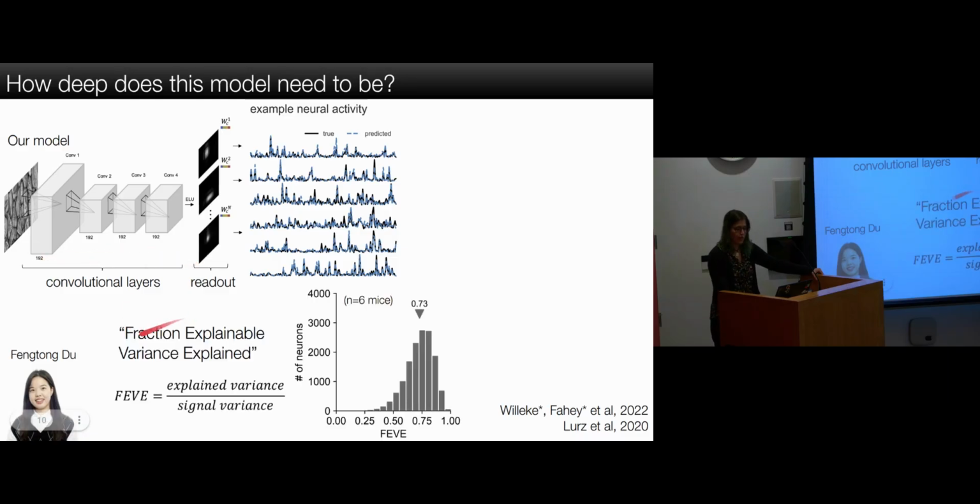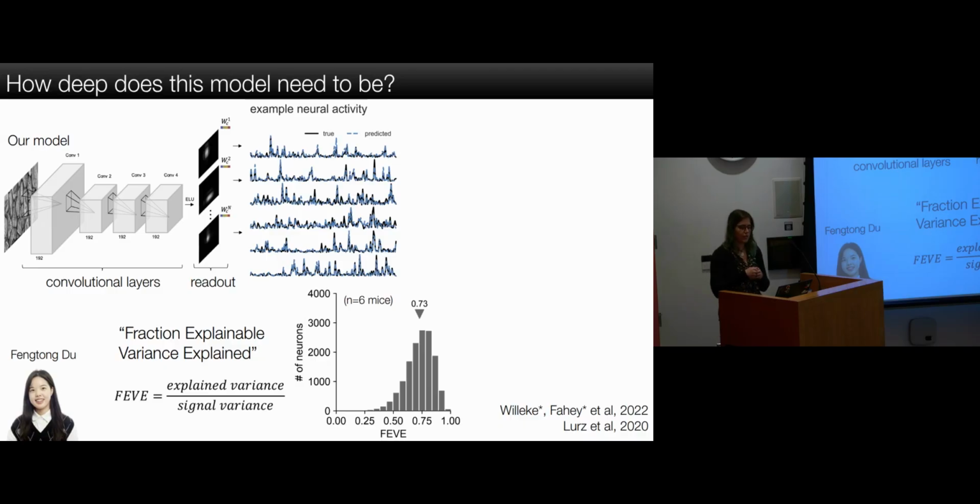We quantified the variance explained of these models, so basically how close the blue and the black curves are. There's the explained variance, which you can just get from the blue and the black curves, but there's also this denominator, the signal variance. Each neuron doesn't just respond to stimuli, and you'll see in Audika's talk too, they respond to behaviors and other things.